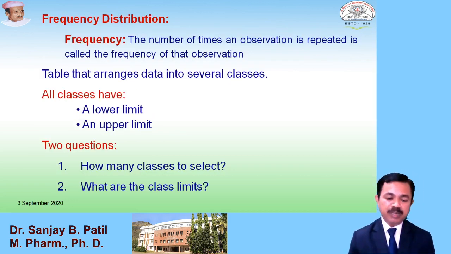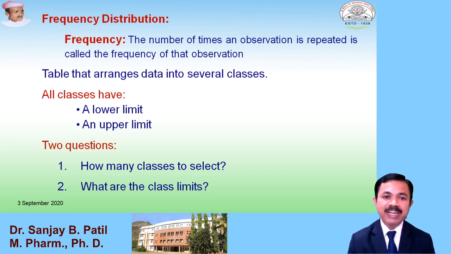Another aspect which is used for organization of data is the frequency distribution and frequency distribution table. So what is frequency? Frequency is nothing but the number of times an observation is repeated in the given data, that is known as frequency of that observation.